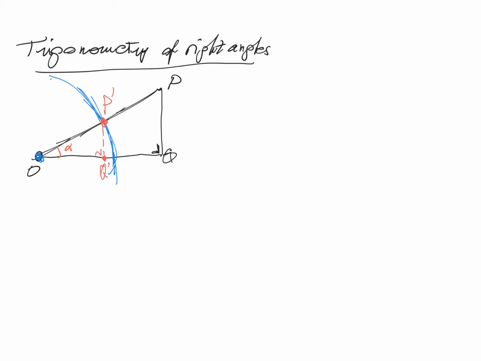What we then see is that the triangle OPQ, and also the triangle OP prime Q prime, are similar. So we know that in this case the corresponding sides have the same proportion.